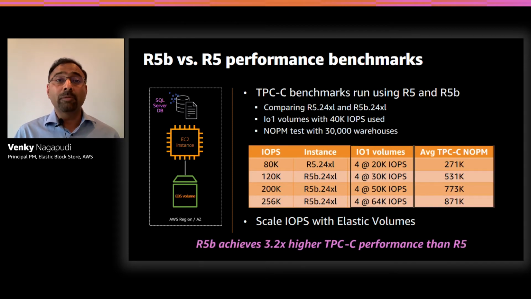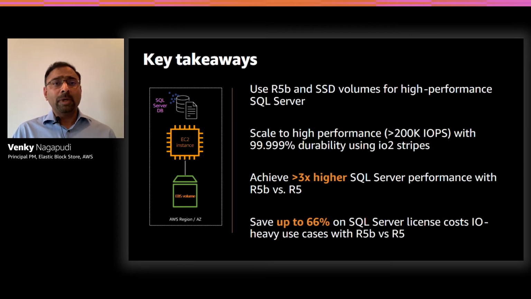And what we were able to achieve was that R5B gets you to nearly 3x or 3.2x higher performance than R5, making it the instance of choice for your SQL Server applications. So to summarize, for your high performance single instance SQL Server, do use R5B and do use IO2 whenever the support for IO2 is available with R5B, which should be pretty soon.